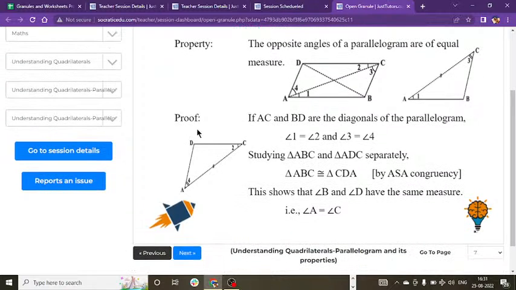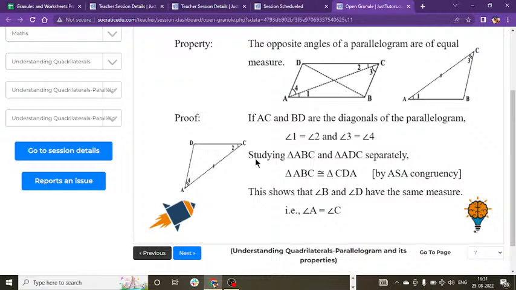Now we need to prove that if AC and BD are diagonals of the parallelogram, angle 1 and angle 2 are equal, and angle 3 and angle 4 are equal.